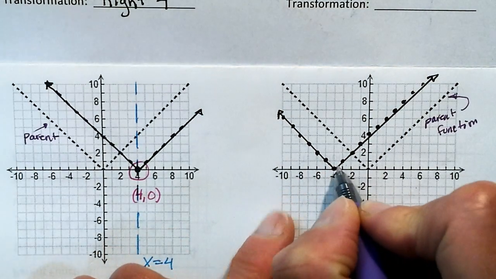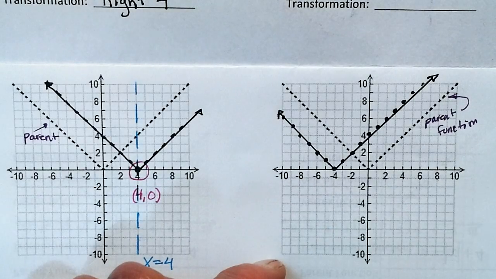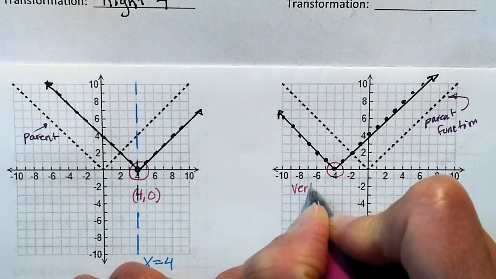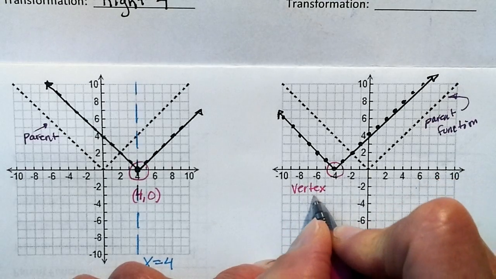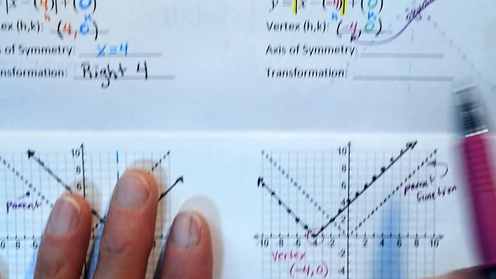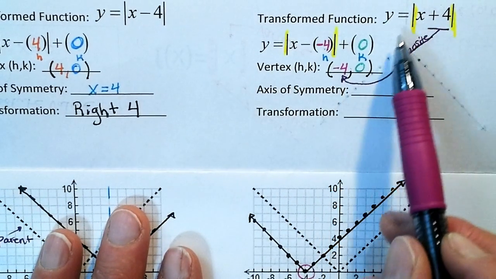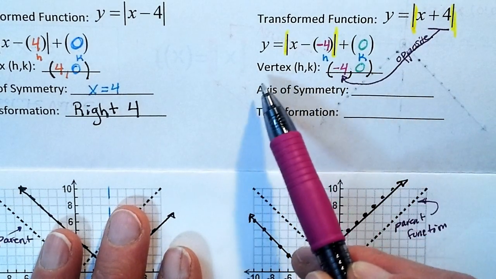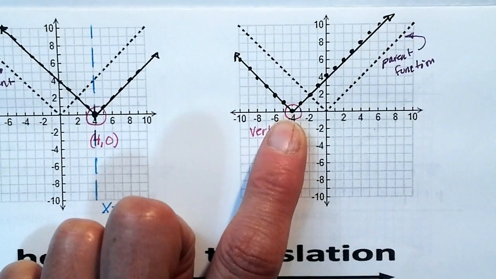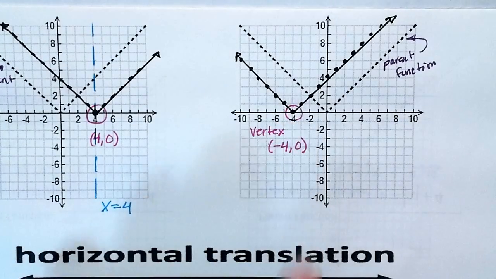So let's look at the vertex. The vertex is right here. That's my vertex, and that's at -4, 0, which is what I said it would be by looking at the equation. Now we need to find the axis of symmetry. Well, the axis of symmetry is going to go through that vertex.